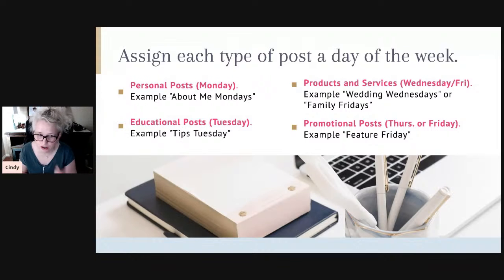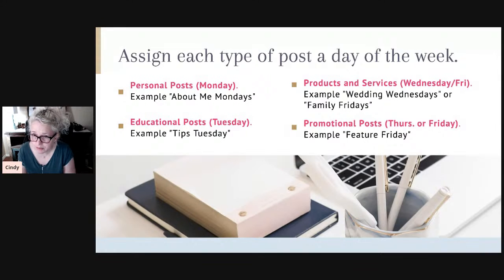If you forget, you're like, oh, what am I supposed to post on Tuesday? Oh yeah, it's Tips Tuesday. And then on Wednesday, if you wanted to go with the alliteration, you could do Wedding Wednesdays or Family Fridays. Let's say you shoot weddings and families. You could do the first and third Wednesday as Wedding Wednesday, and the second and fourth Friday as Family Fridays.